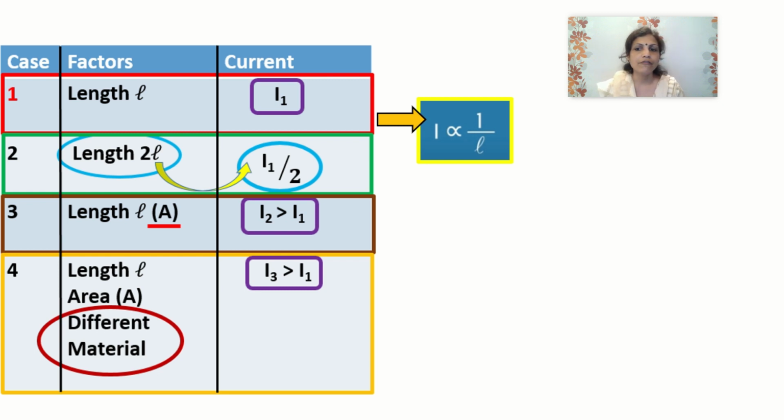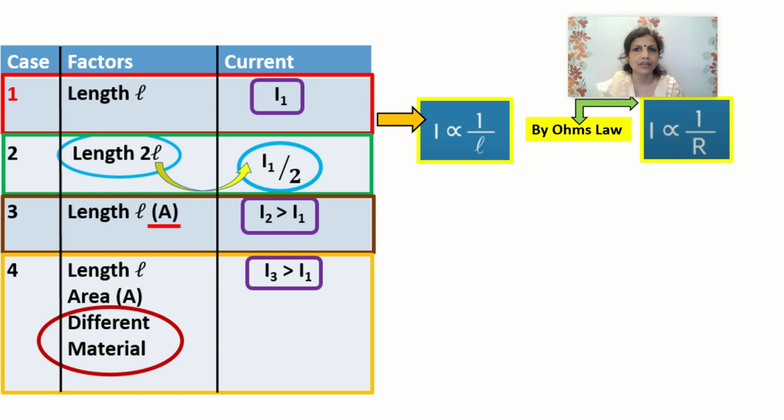And from Ohm's law we have studied that the current is inversely proportional to the resistance of the conductor. Ohm's law is V is equal to IR.